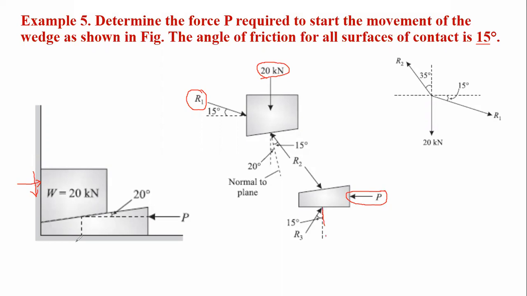With horizontal friction force and normal reaction, F force and N force, the resultant of these two is considered over here, and it is also making an angle of 15 degrees. Now already the plane is an inclined one, making an angle of 20 degrees.